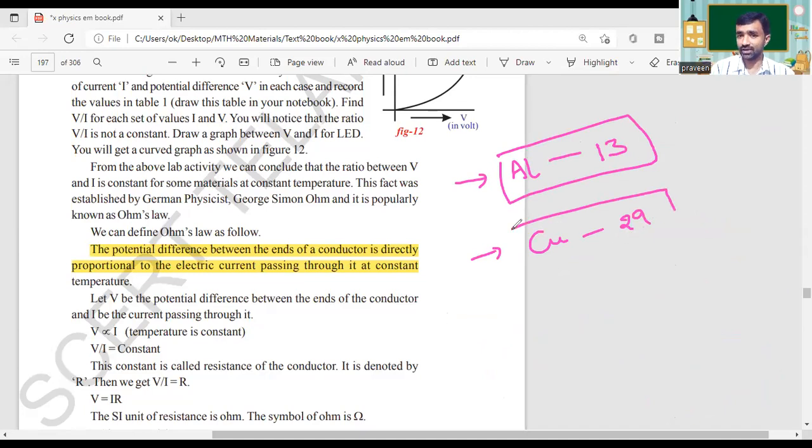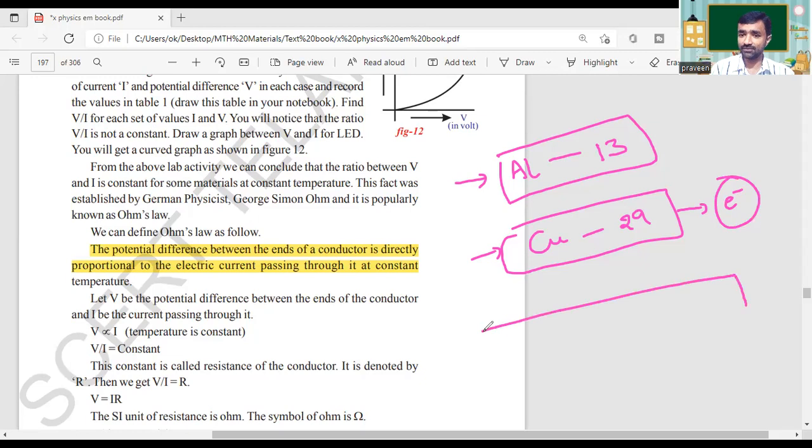So here the proton count changes, and simply what is different is the electron count, the number of electrons present in them is different.